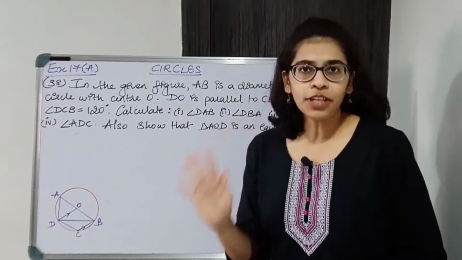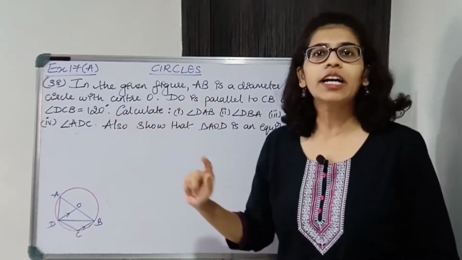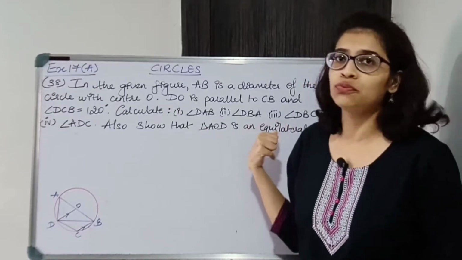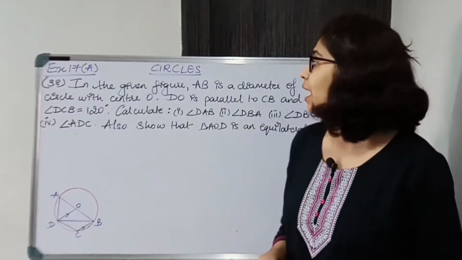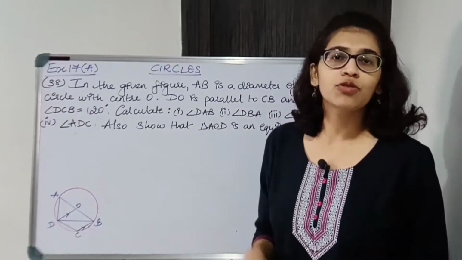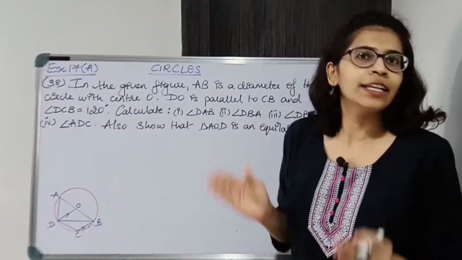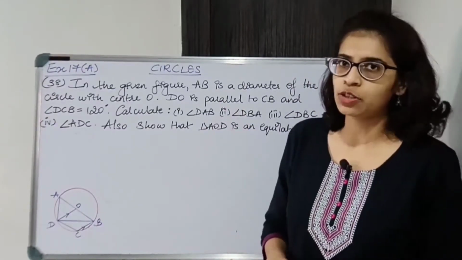Now there are four things that we have to find and one thing that we have to prove. Okay, and there is also a lot of information given over here. So first we'll write down given, to find and to prove, and then we'll start with the solution.